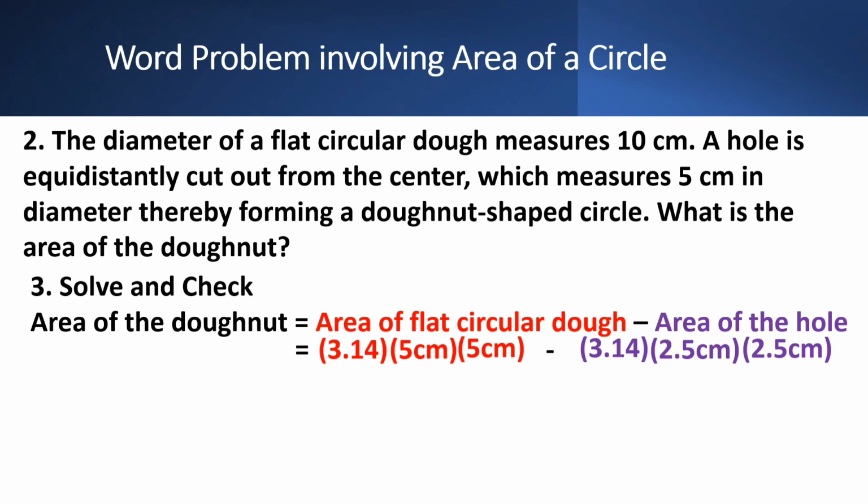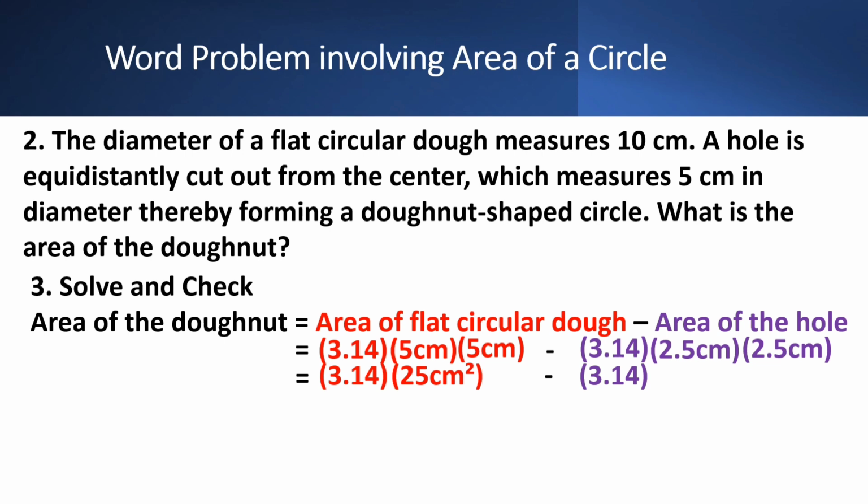So, ready na tayo para i-multiply yung ating mga radius. So, dito tayo again sa flat circular dough. So, kopyahin si 3.14. And then, 5 times 5 is, yes, 25 centimeter squared. Minus, dito tayo sa area ng butas. So, again, kopyahin si 3.14 and then multiply 2.5 times 2.5.